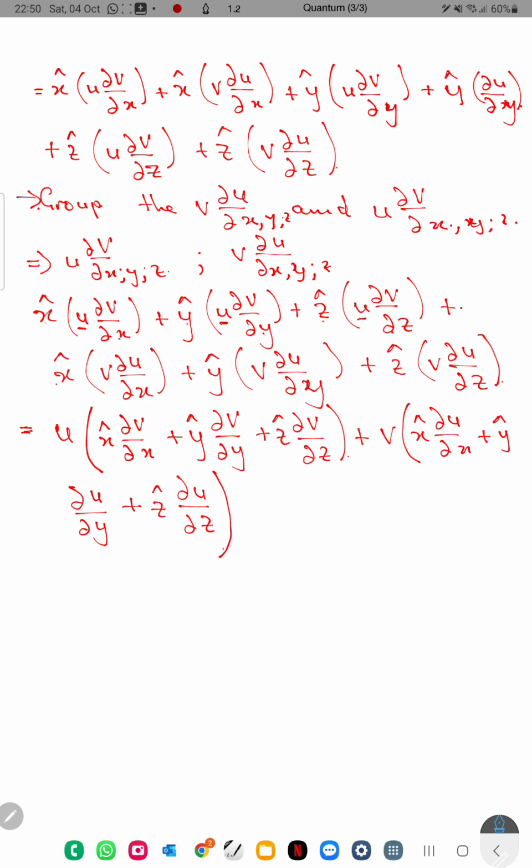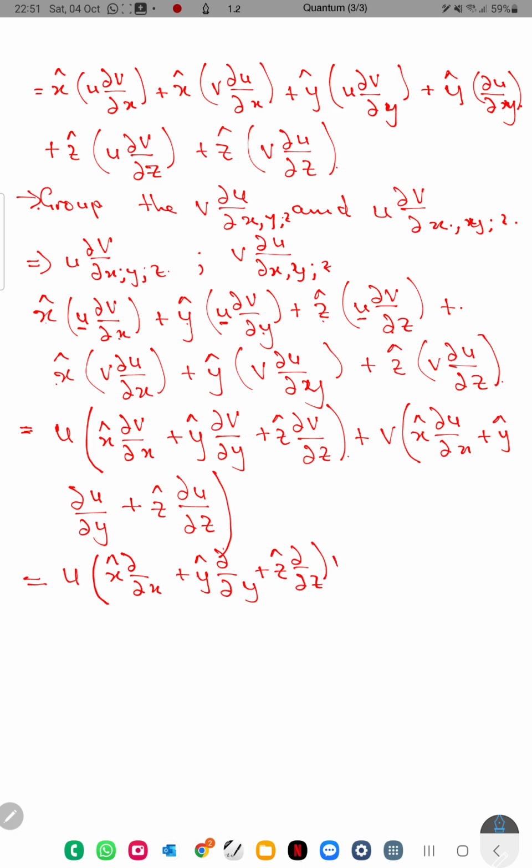Now we will factor out the u outside, and the first one is d of dx plus y d of dy plus z d of dz.